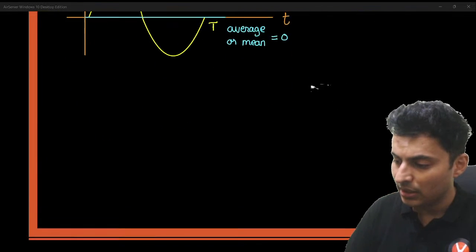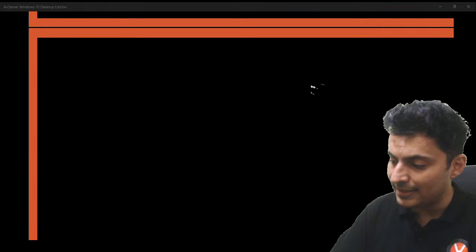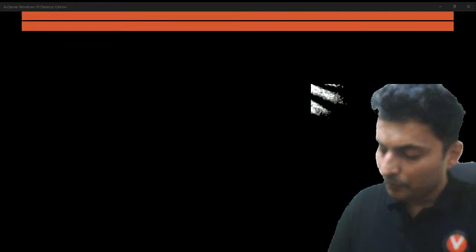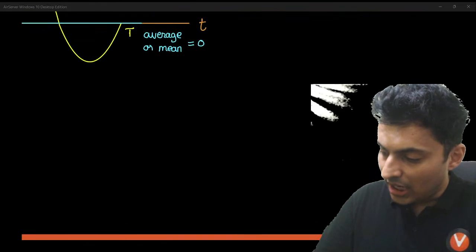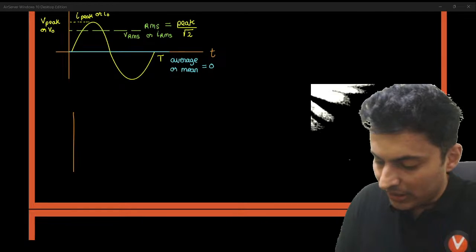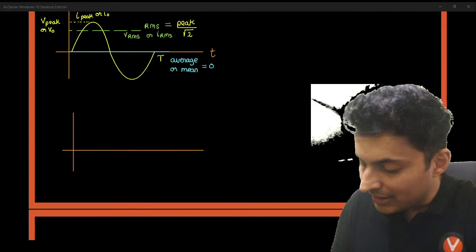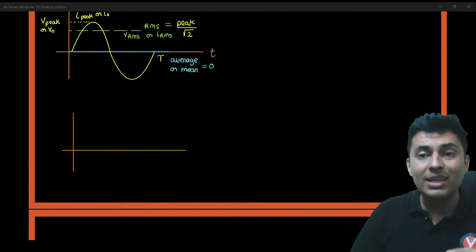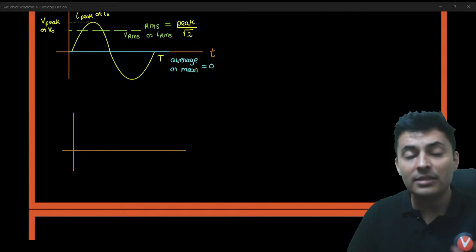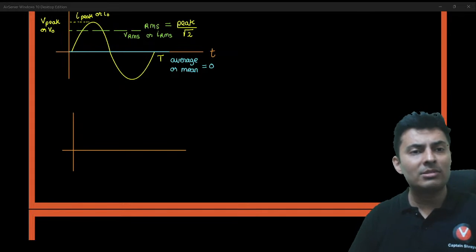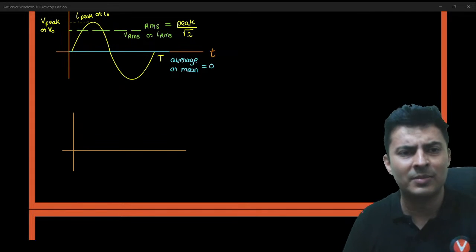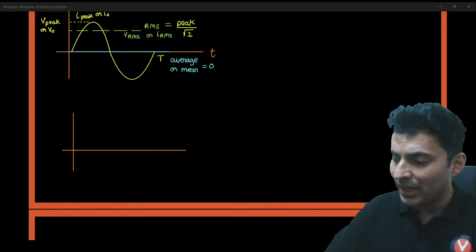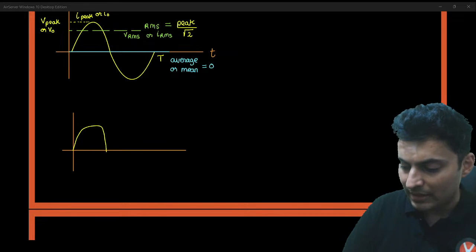Next important thing in AC. Let me just show this to you. The voltage and the current may not necessarily be in the same phase. Meaning, when voltage becomes maximum, it's not necessary current also becomes maximum. When current is 0, need not be voltage becomes 0. So you might often see things like this.